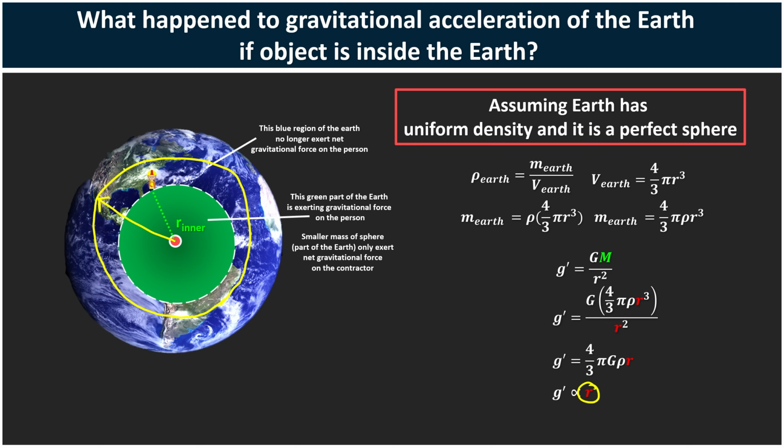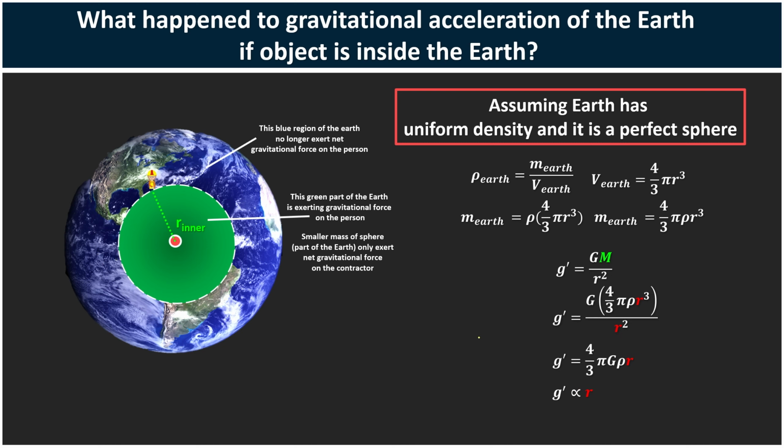So it means when we are on the yellow circle, the yellow sphere is actually bigger than the green colored one. This is why when we are away from the center of the Earth, the Earth becomes bigger and bigger. It will exert a higher gravitational force on you. Hence, you have a higher gravitational acceleration.